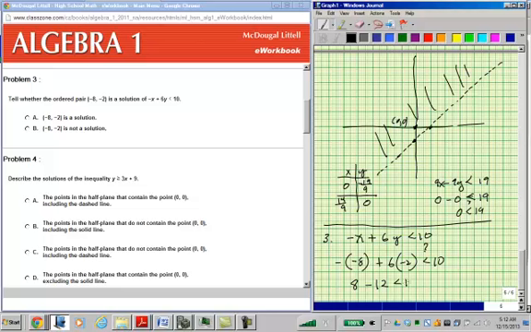So is 8 minus 12 less than 10? Well, 8 minus 12 is negative 4. Is negative 4 less than 10? Yes, it is. So negative 8 comma negative 2 is a solution.